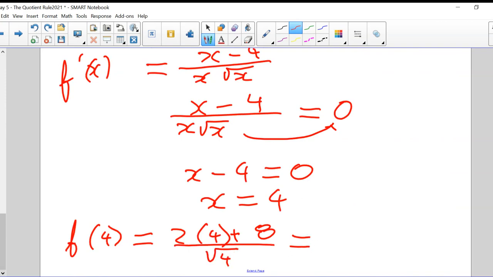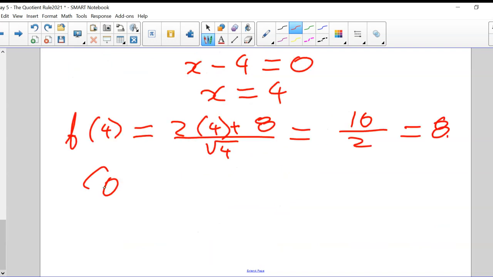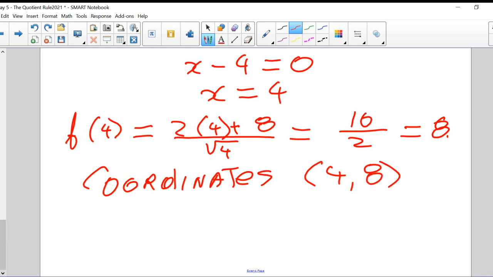By my math, that's 8 plus 8, that's 16 over 2, which is equal to 8. So the coordinates would be 4 for the x, and 8 for the y.